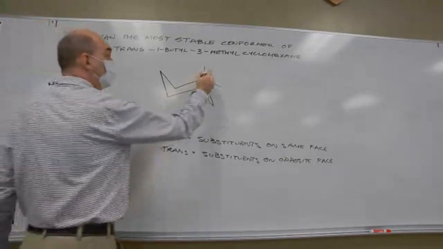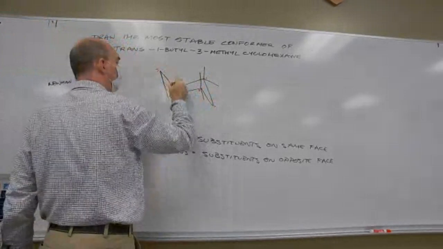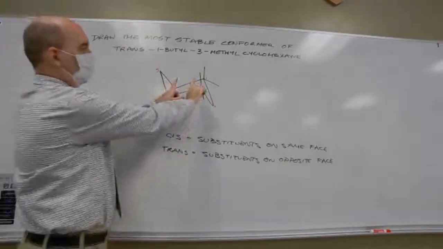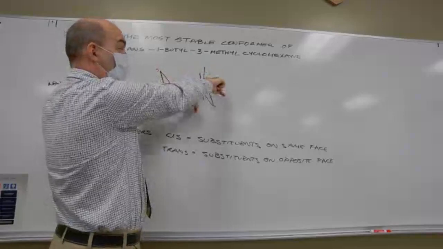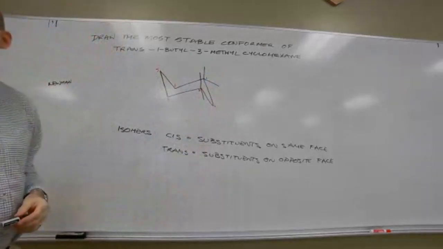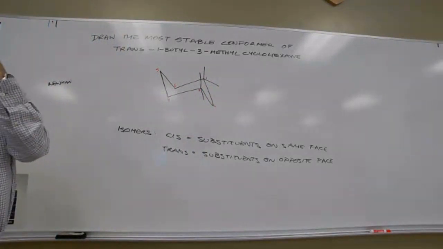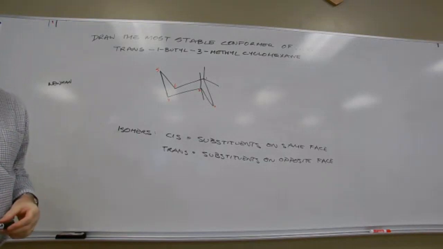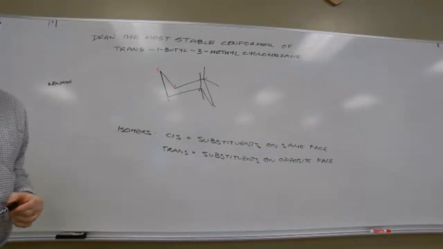And at the 1 and 3 positions, the axials are cis to one another, and the equatorials are cis to one another. So in this case, for a trans molecule, one of the substituents will be pointing up in an axial arrangement, and one will be pointing down in an equatorial arrangement.